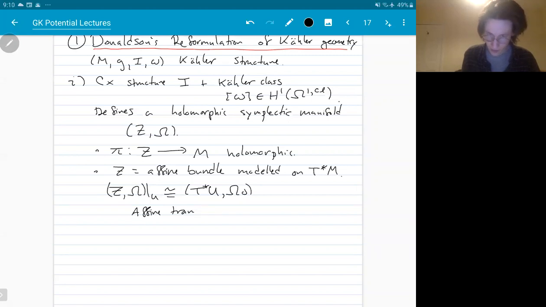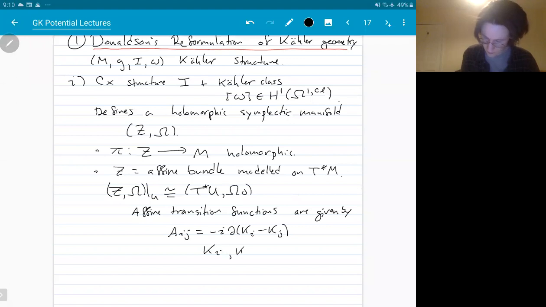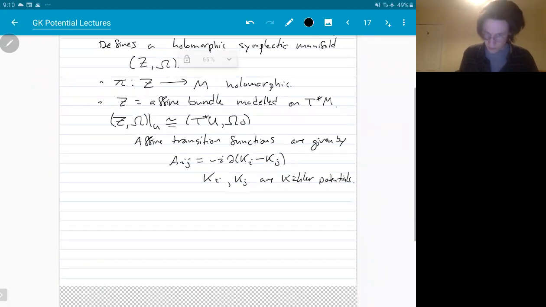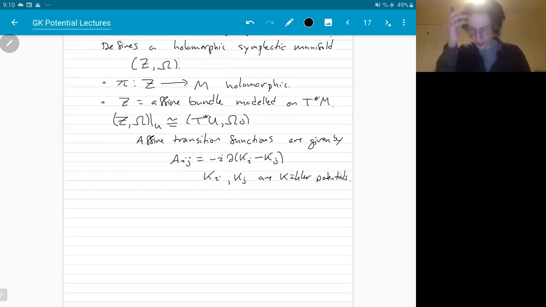So these are affine transition functions, which you can think of as translations. And these are given by A_ij, which, if you remember, was the del operator applied to the difference of two different Kähler potentials. Okay, so this gives an affine bundle.